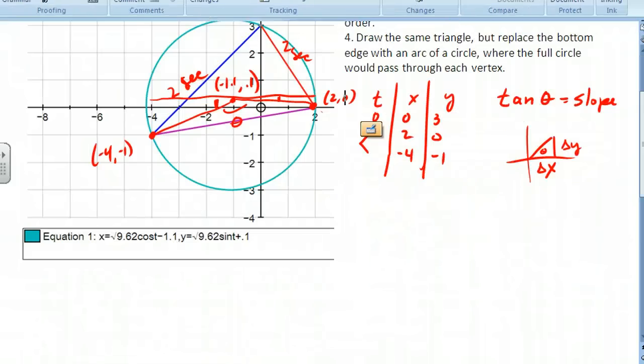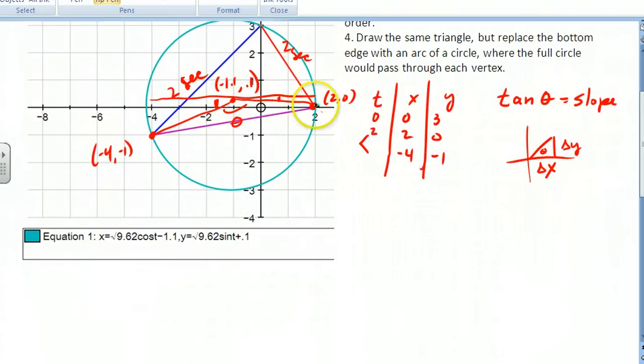Okay, so what I'm going to do is I'm going to find the slope of this line right here. So I have 2 points, negative 1.1, comma, 0.1, and then the other point would be 2, 0. So if I find the slope, I'm going to go y minus y, which would be 0.1, and then negative 1.1 minus that would be negative 3.1.